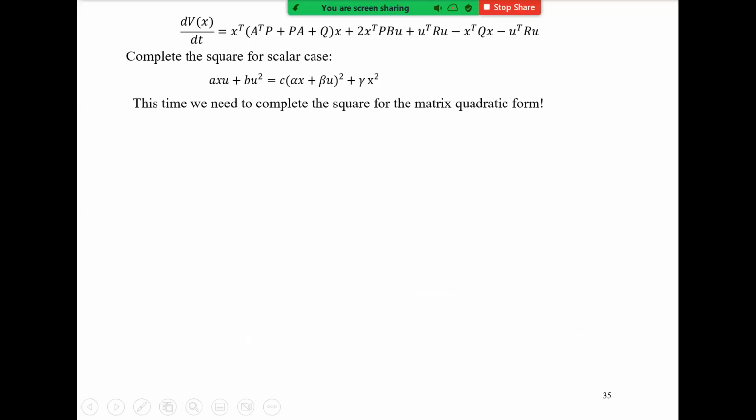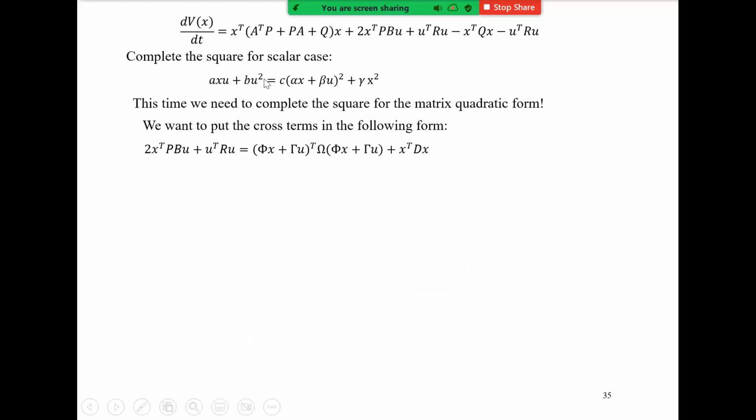But this time I want to complete the square for the matrix quadratic form. So xu actually means we have 2x transpose P b u, and u squared means we have u transpose R times u. Completing the square means I want to put it into a quadratic form, the square of something.